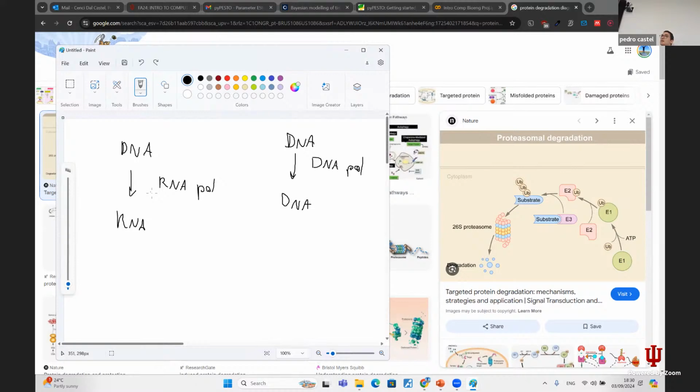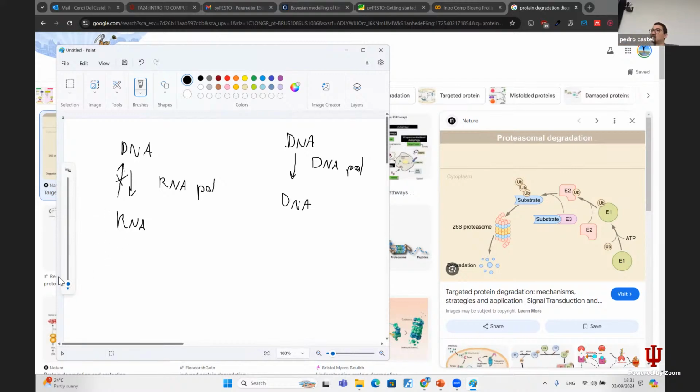Their RNA functions as a DNA. But this process is not reversible. We cannot use RNA as a template to generate DNA, not as far as I know.